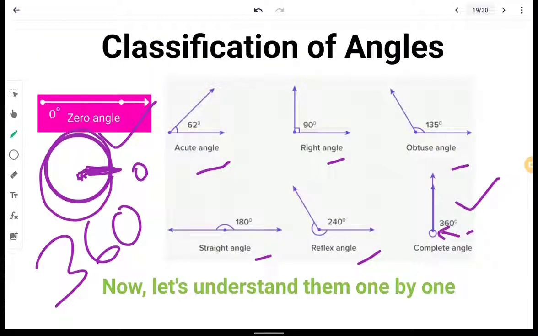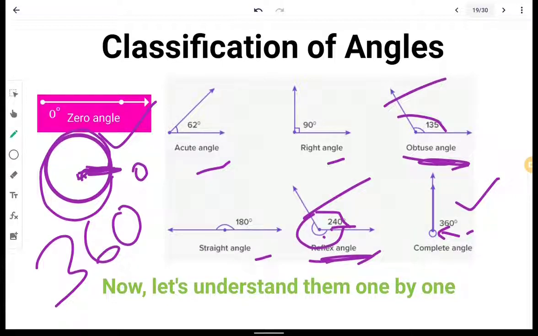Over here you can see the reflex angle and the obtuse angle. This thing and this thing might look familiar to you, as this part is 135, and this part, they're telling 240. They're telling this part as 240. Let me make you understand this thing. Again, let me draw a small circle in this case. Let me take its vertex, the center.